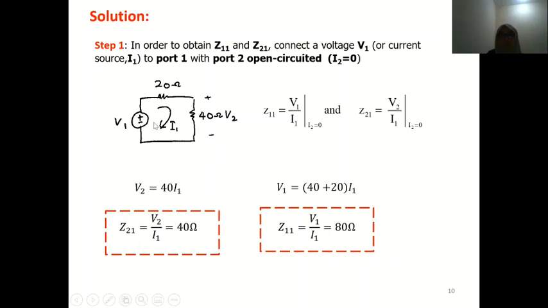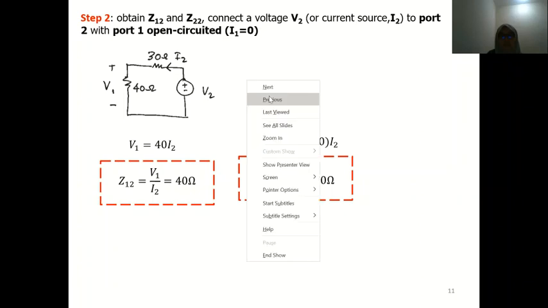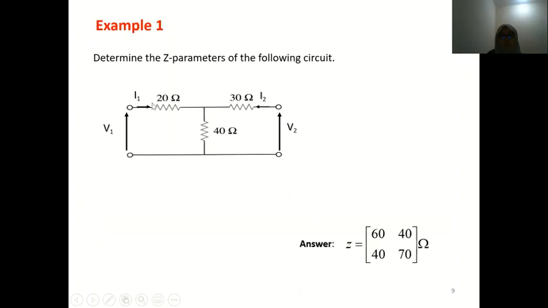You give your voltage V1 as the source for your I1 input port. If you look back at the circuit, when you open circuit your I2, the 30 ohm resistor no longer exists.